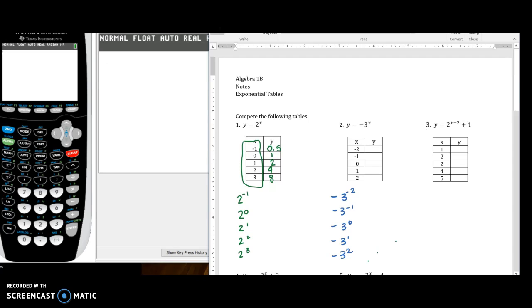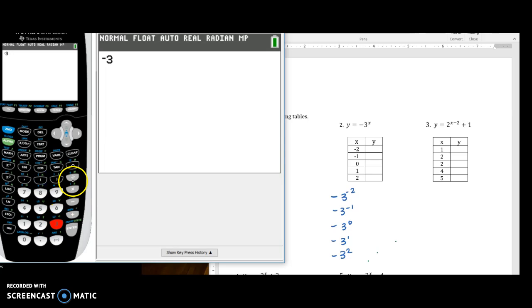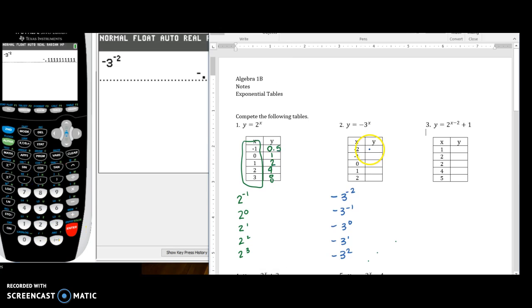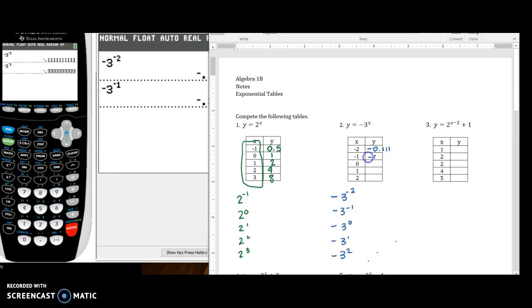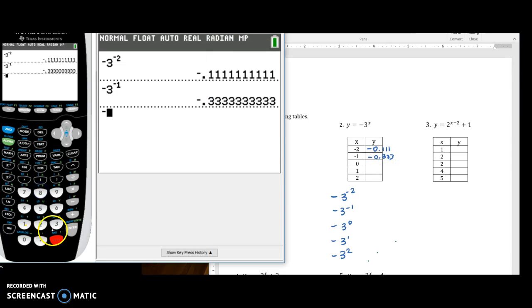Now, take the time and punch it into your calculator. Be careful, make sure you're hitting the negative button and not the minus button when you're doing it. So negative 3 to the negative 2 is negative 0.111. Negative 3 to the negative 1 is negative 0.333. I think I'm noticing a pattern.